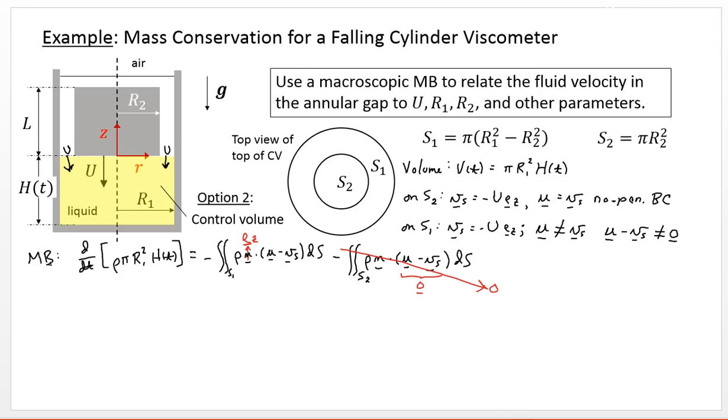Everything's constant but h, so we get rho pi r1 squared dh/dt is equal to minus rho times the surface integral of ez dot u, which gives us uz, and ez dot minus Vs. Well, Vs is minus U ez, so minus Vs is plus capital U ez.